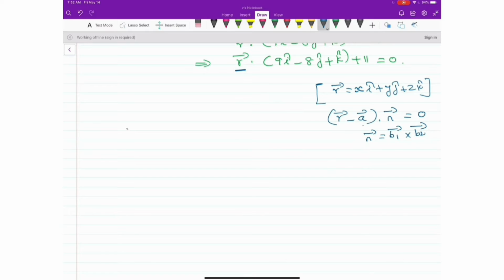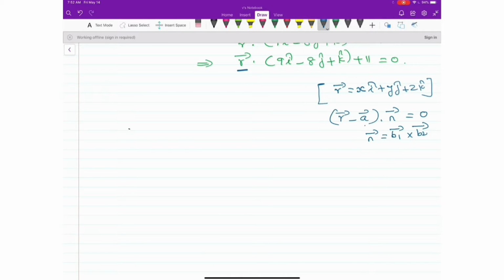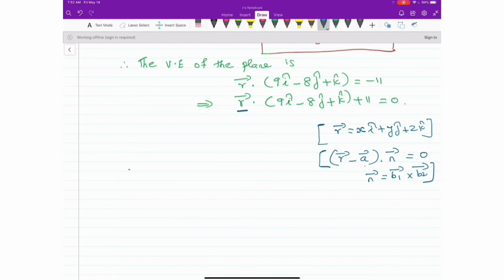So, when you substitute in this place, you will be getting the vector equation of the plane. No doubt about it. Then from here you can write the Cartesian equation of the plane. Anyway, the choice is yours.